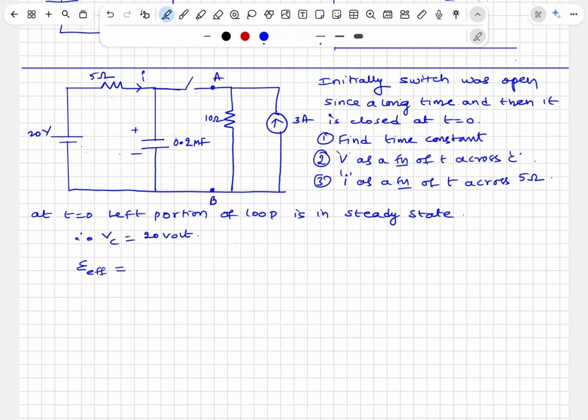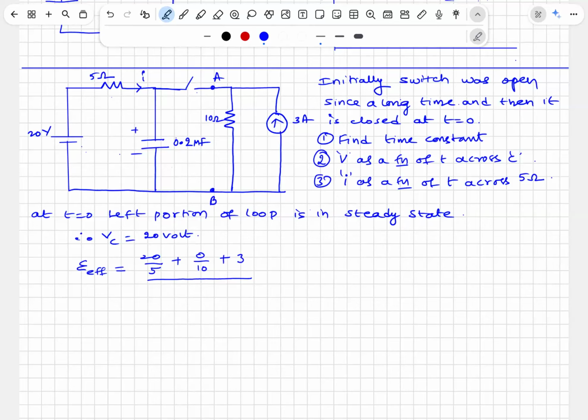How to find E effective? E1 by R1. And there is no EMF source along the 10 ohm path. When you have a constant current source, E effective is E1 by R1 plus E2 by R2 plus E3 by R3.